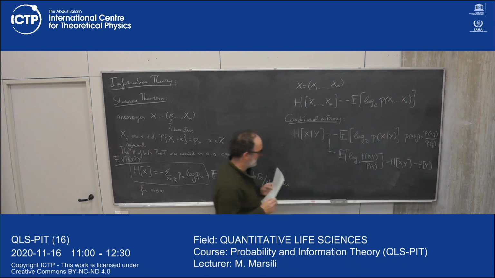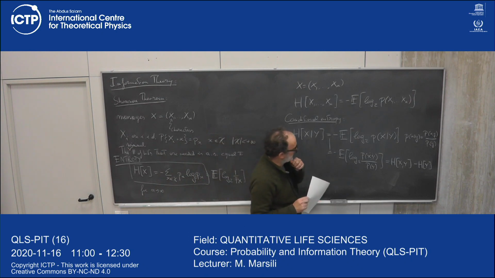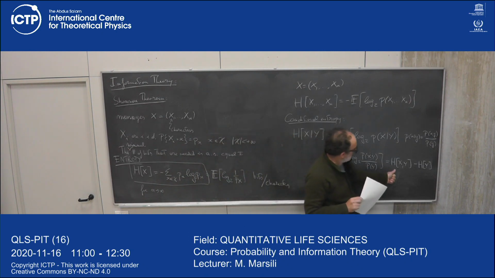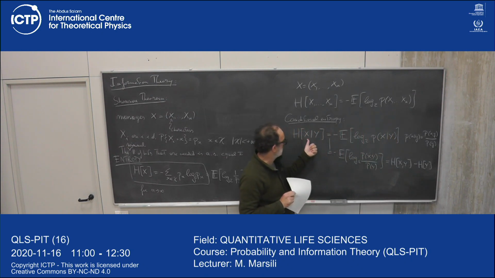And this is exactly what I was telling you before. This quantifies how uncertain you are about x and y if you don't know y. Once you know y, your state of uncertainty is decreased by the entropy of y, and this is precisely how much you learn about x if you know y.